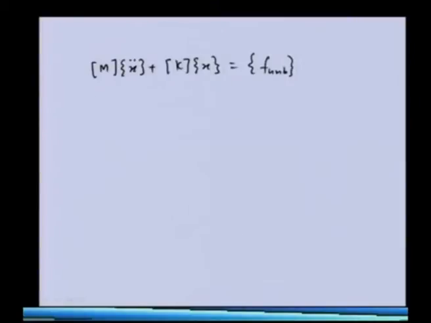This particular force we have seen is coming from the unbalanced force. So we can write this as a complex amplitude, and the frequency component I am taking here as e to the j omega t.